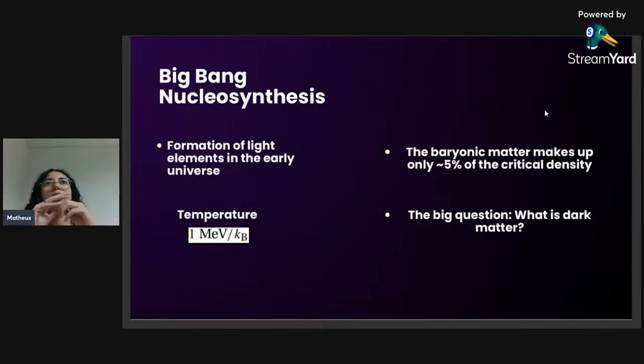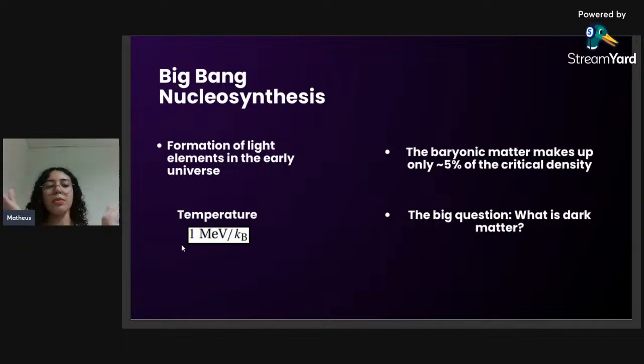In the early universe, we have a universe that is very hot and dense, so we have high energy radiation that destroyed the nuclei that formed. So we cannot have neutral atoms at this time. The temperature is approximately 1 MeV per kB, where kB is the Boltzmann constant.